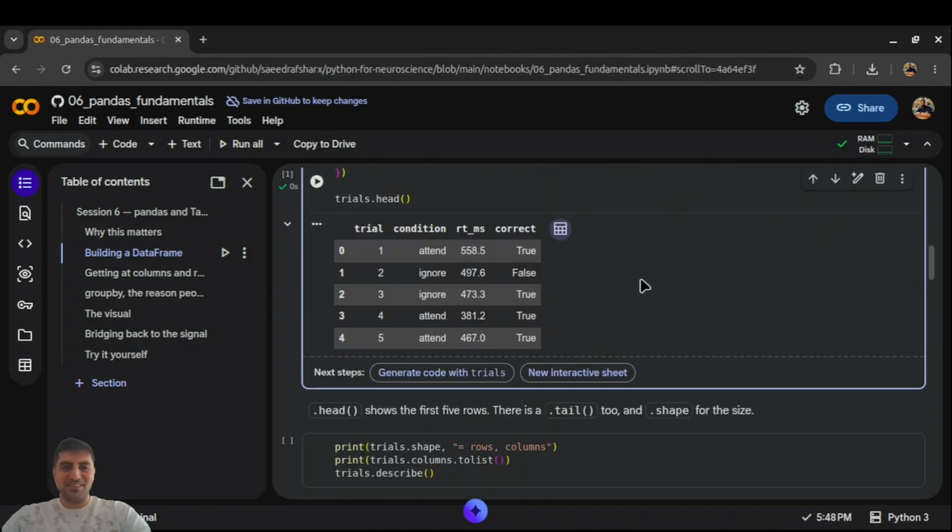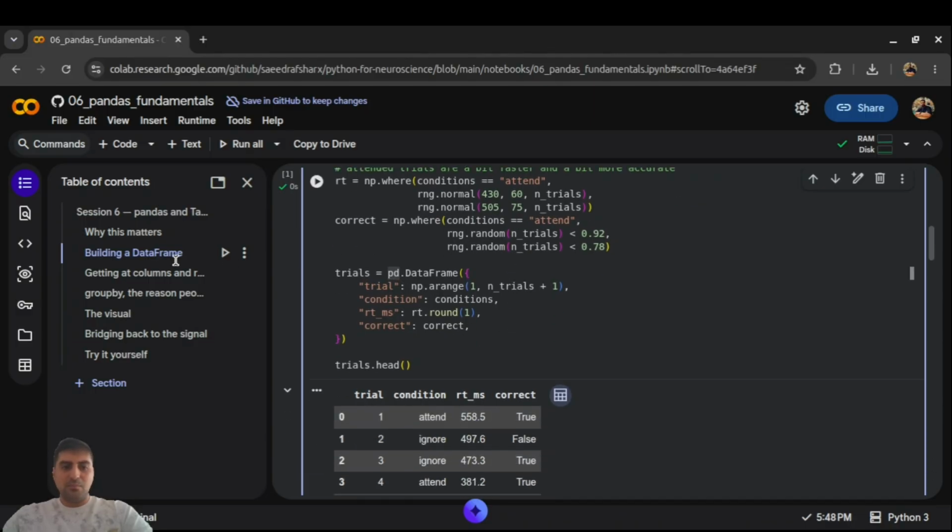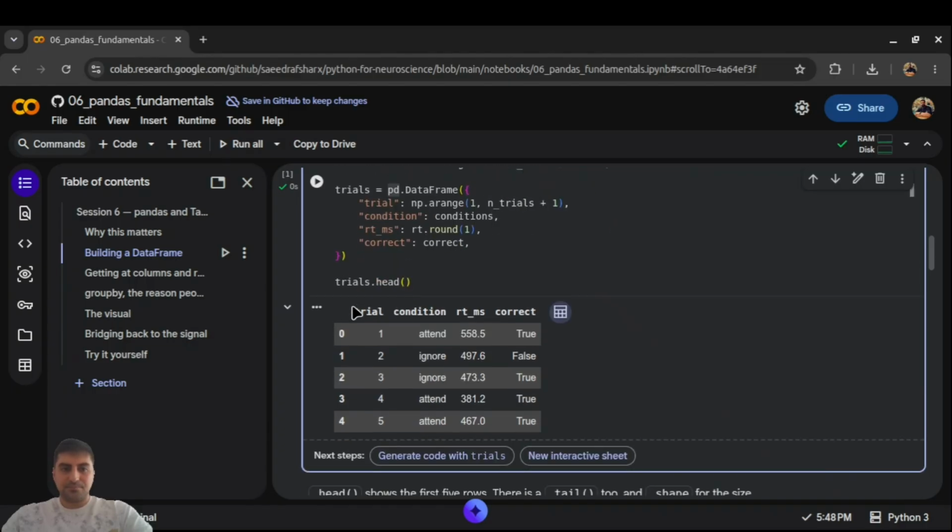And this beautiful little data frame, or table. The usual way, yes, as I mentioned. So basically, a data frame is built from a dictionary. Let's look at the head. The head shows you the first 5 rows.